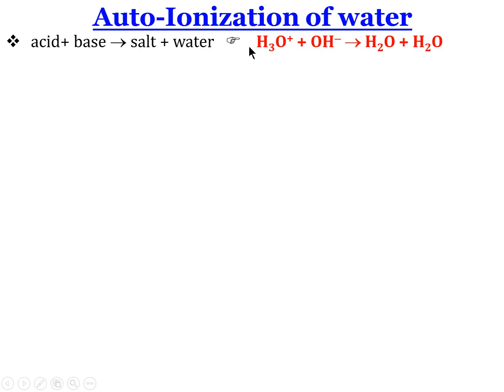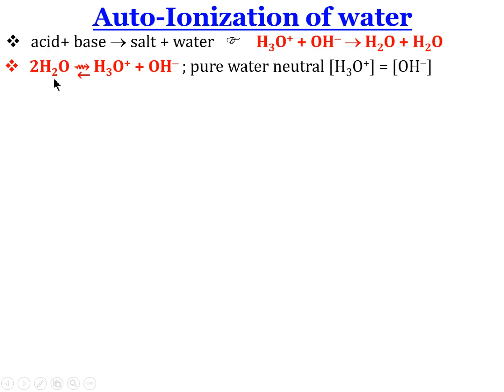The stoichiometry of this reaction is 1, 1, 1, 1, and K for this reaction is found to be very high, so this reaction is complete. Note that if K for this reaction is greater than 10 to the power 6, this reaction is complete. If K is greater than 10 to the power 4, this reaction is quantitative.